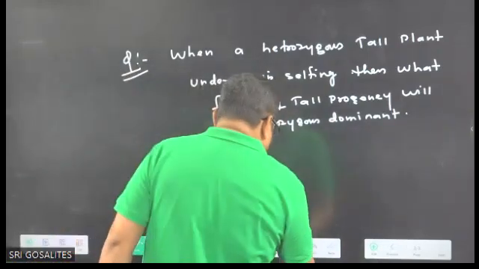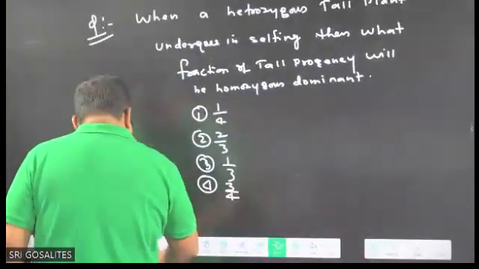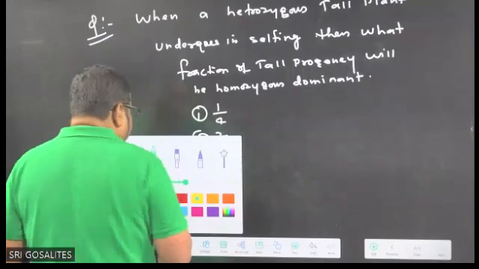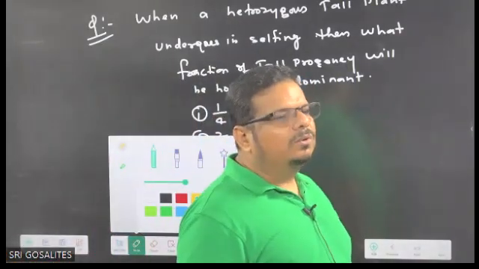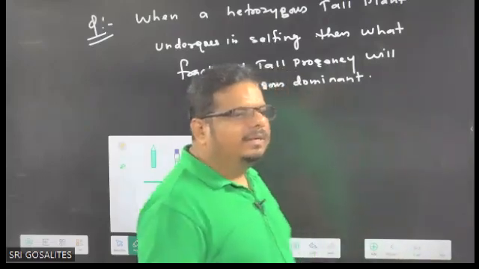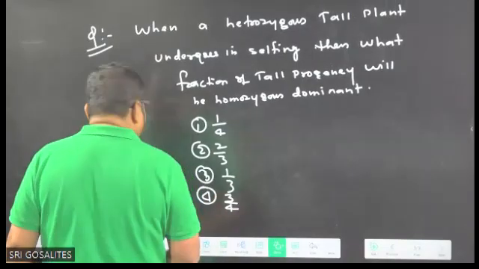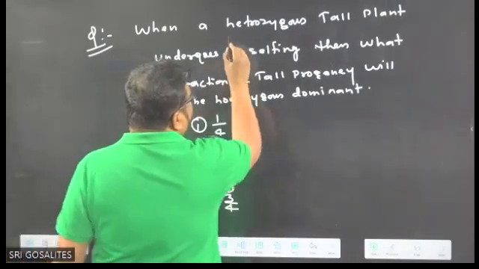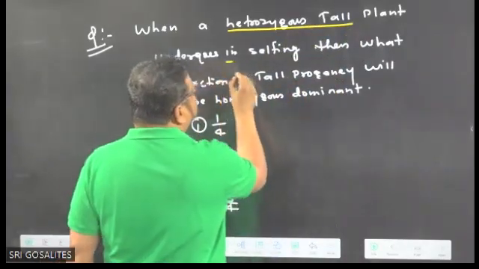Have a look now. Now I am answering. See, you can handle any question when you follow the instructions properly. All the questions look very easy for you. What is the question? I ask here, when a heterozygous tall plant undergoes selfing.